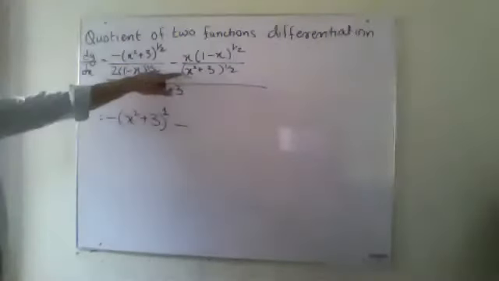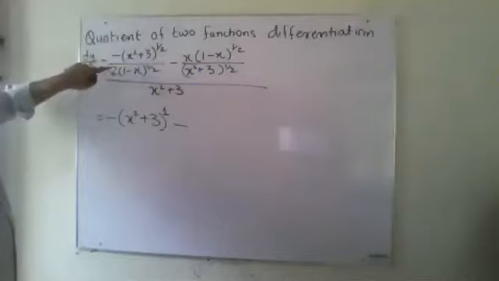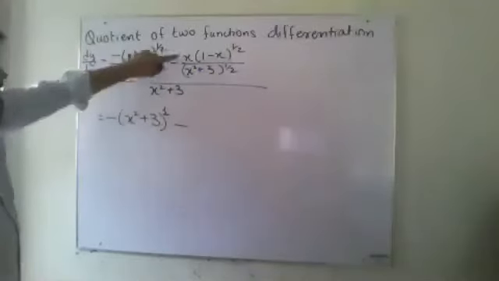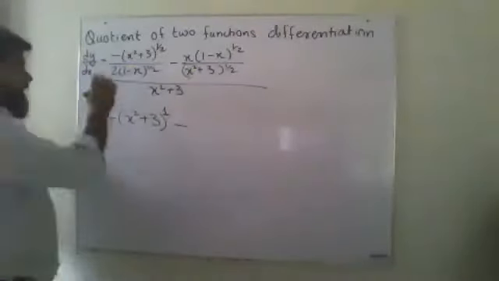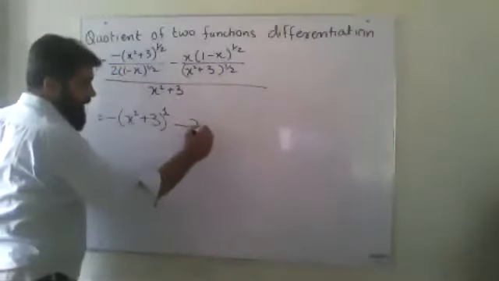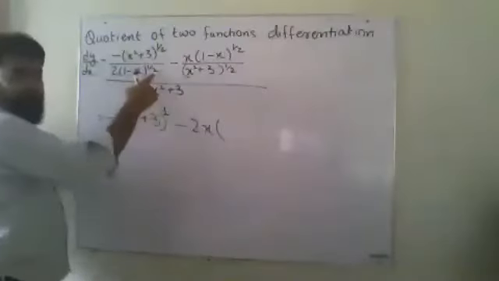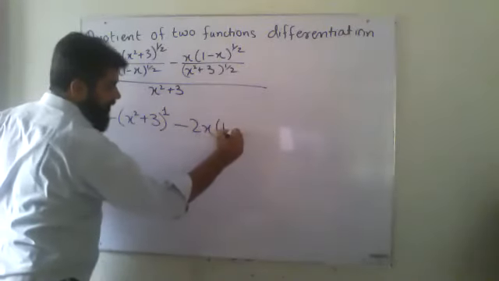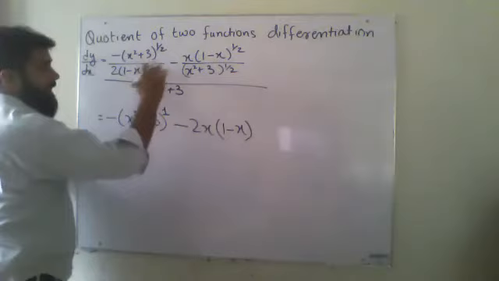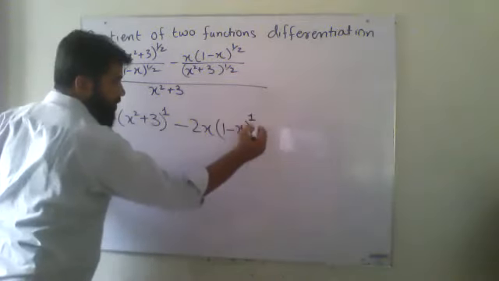First I have multiplied this thing with this one. Now I am going to multiply this whole thing by this, and that will become 2 into x (1 minus x) power half times (1 minus x) power half. Again it will become 1 minus x, and half plus half will become 1.